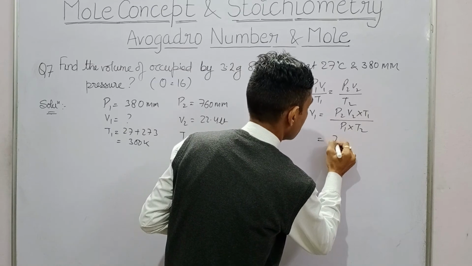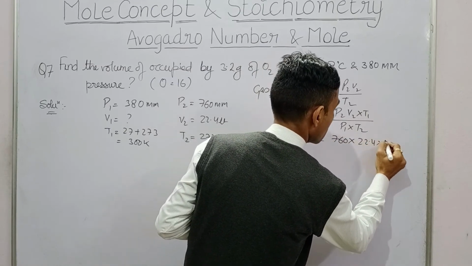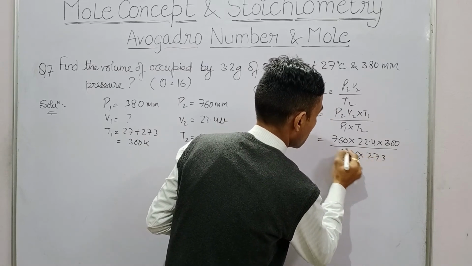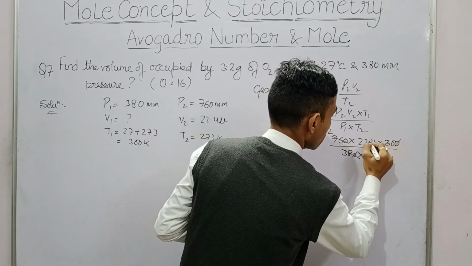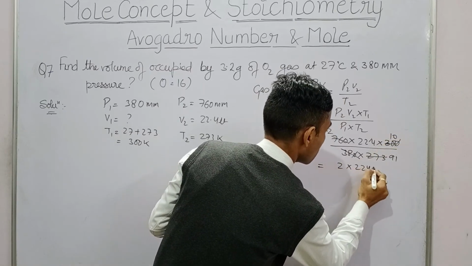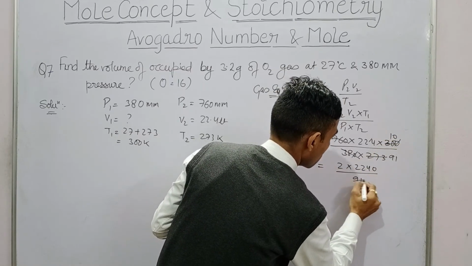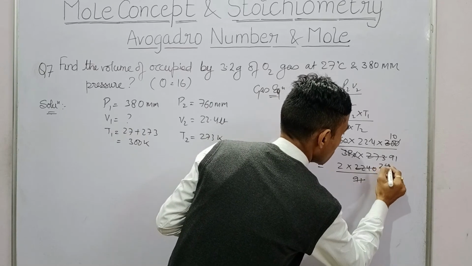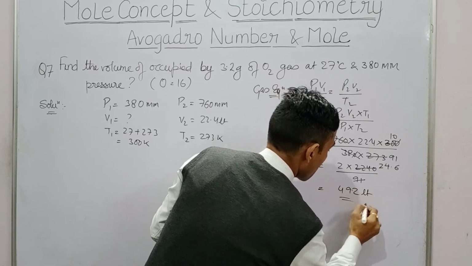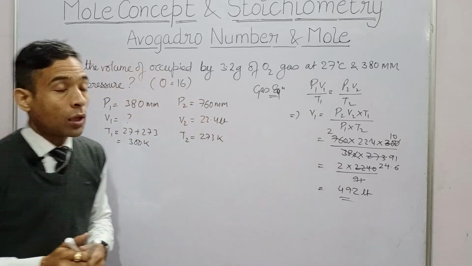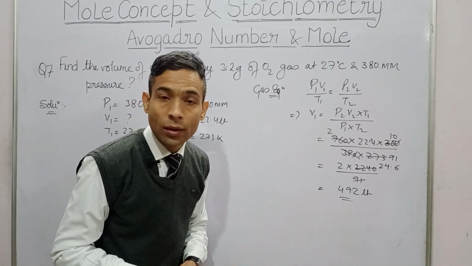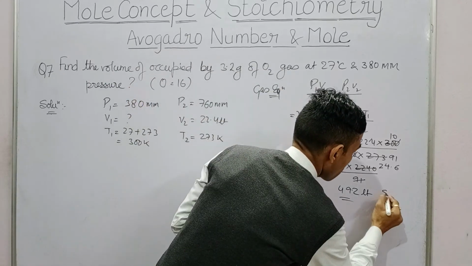Substitution. Cancellation. Therefore, the oxygen gas, 32 gram of oxygen gas will occupy 49.2 liter at STP.